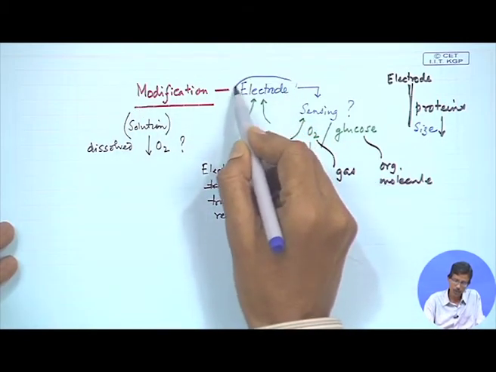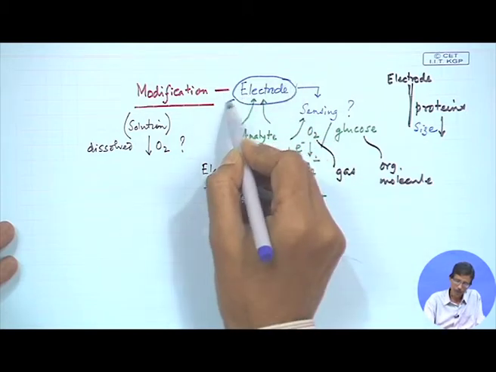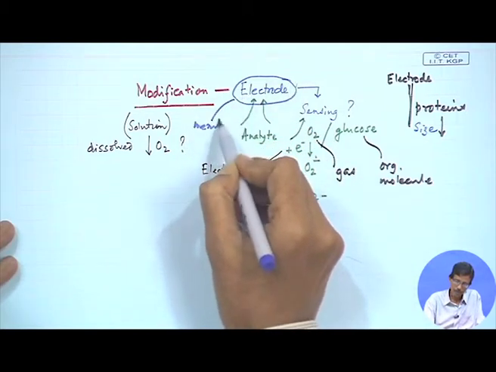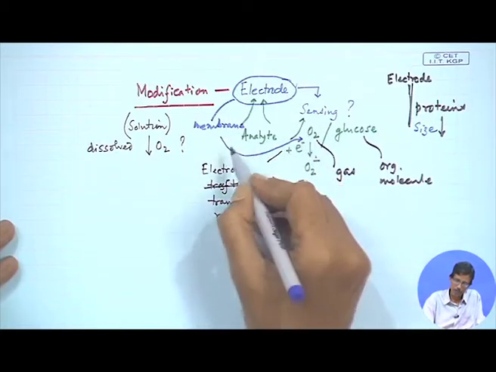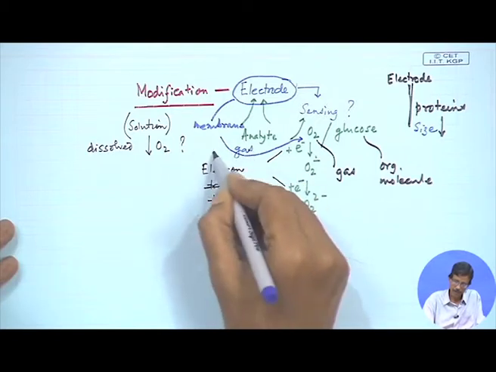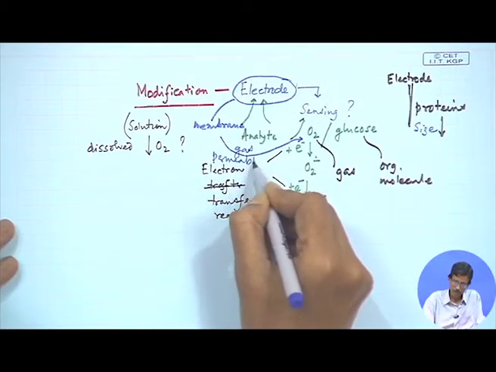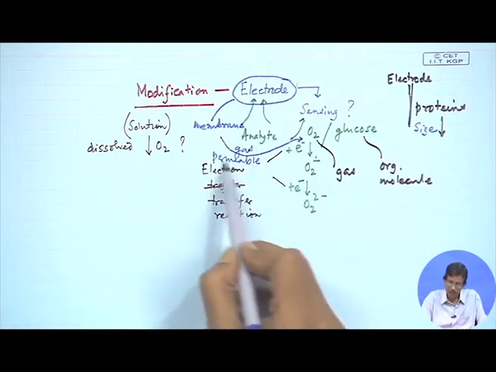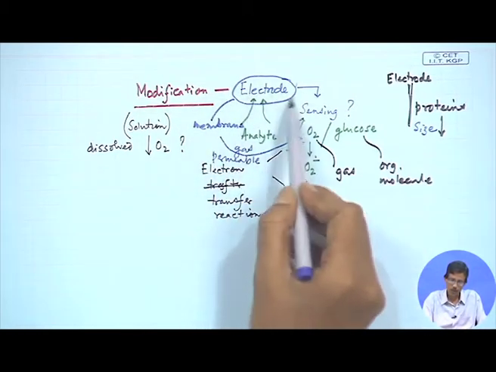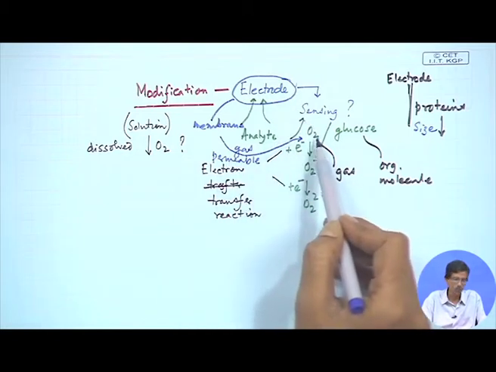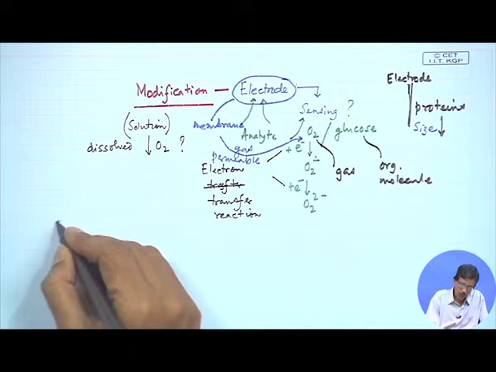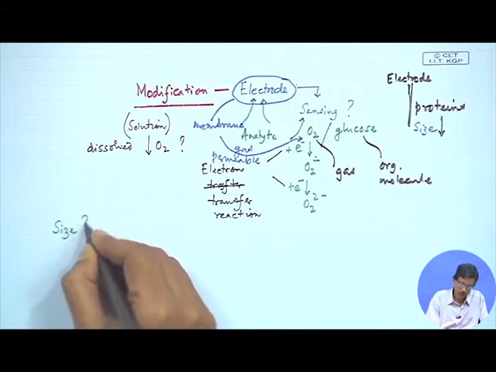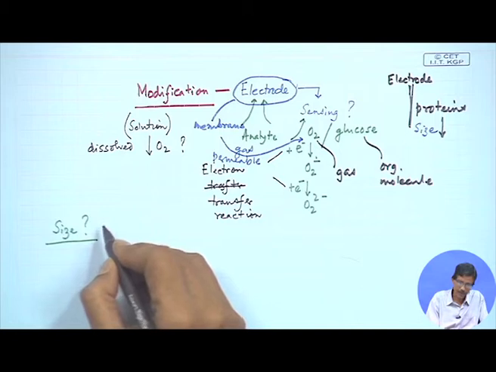So, we can cover the electrode with some membrane, and if the membrane is gas permeable, if this membrane enclosing your electrode only allows O2 to reach the electrode, then the corresponding size is very important, and as a result we get some membrane.